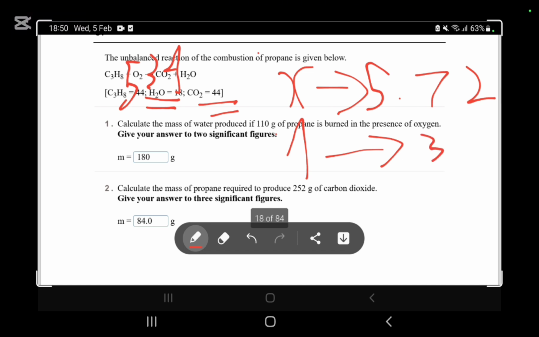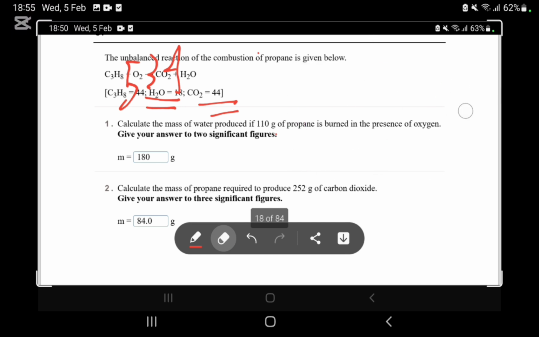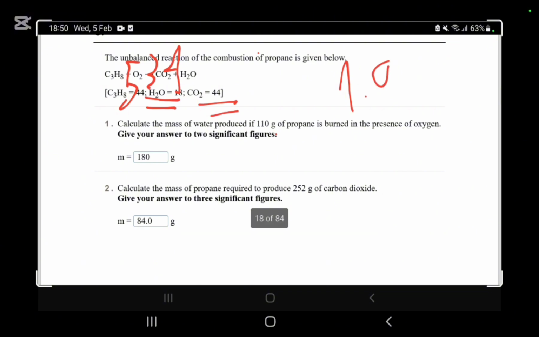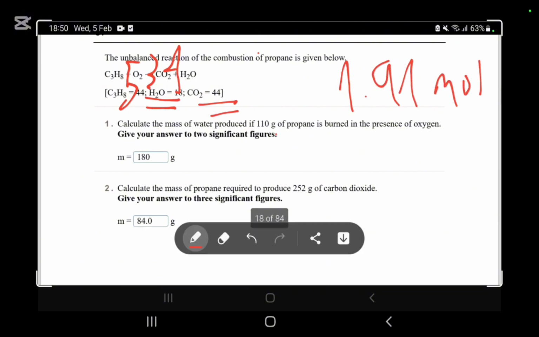So we do 5.72 divided by 3, and we get that the moles of propane is 1.91. 1.91 mole C3H8. Okay, from that all we have to do is moles times molar mass. Here we have the moles, which is 1.91 times the molar mass 44, which will give us 83.89 or 84.